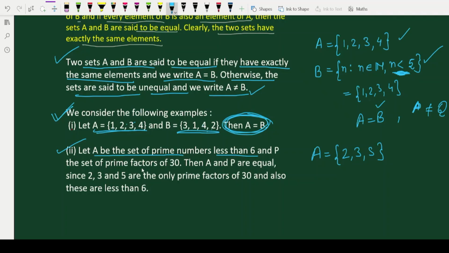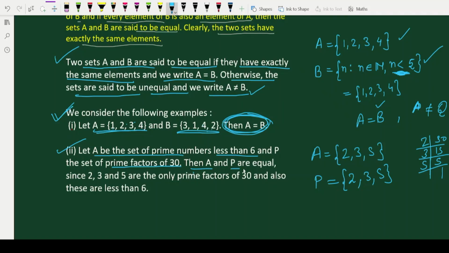And B is the set of prime factors of 30. What are the prime factors of 30? When you do a prime factorization of 30, 2, 15, 3, 5, 5, 1. We get only a single one. So this is the prime factorization: 2, 3, 5.